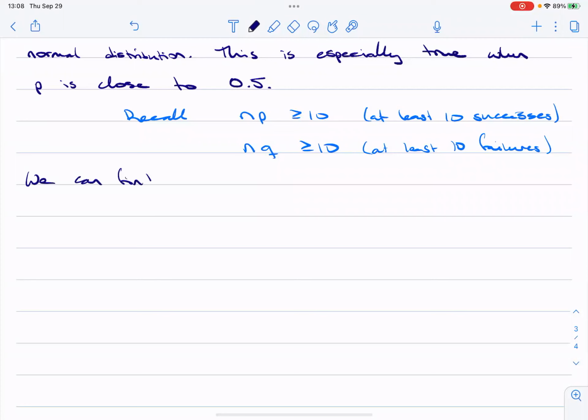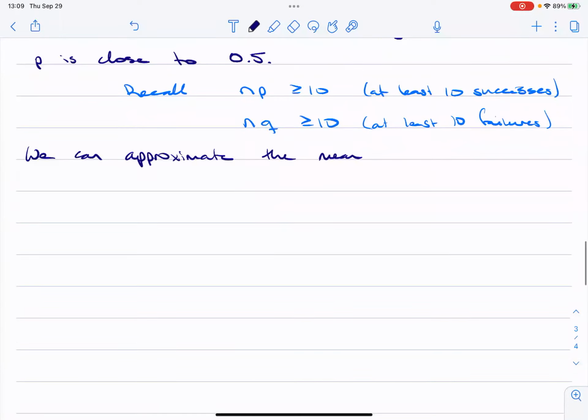We can find, and maybe I should say we can approximate, the mean and standard deviation, or the variance.